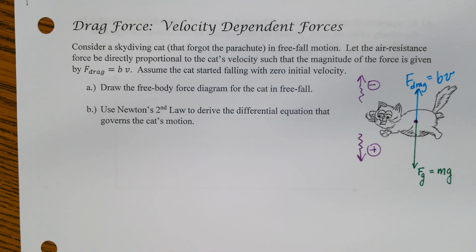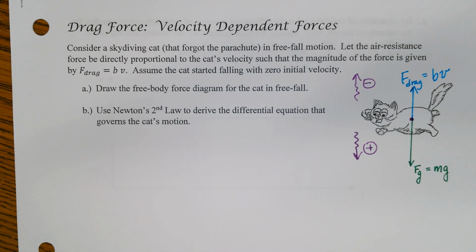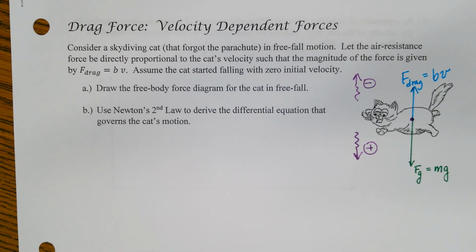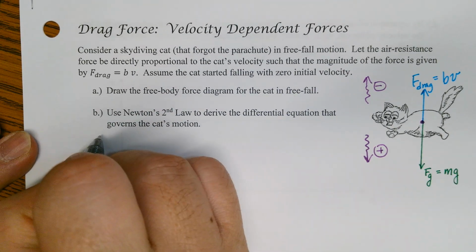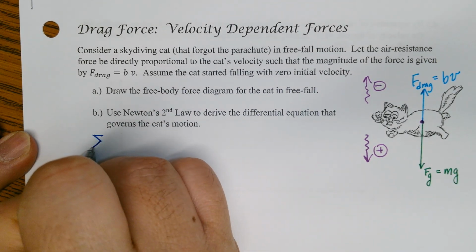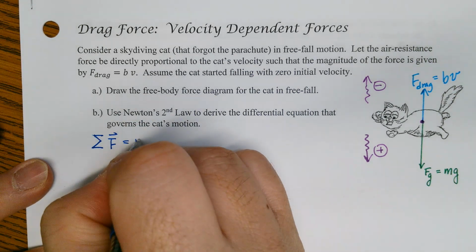Part B. Use Newton's second law to derive the differential equation that governs the cat's motion. So we start out with Newton's second law. The sum of all forces, the net force, is equal to ma.